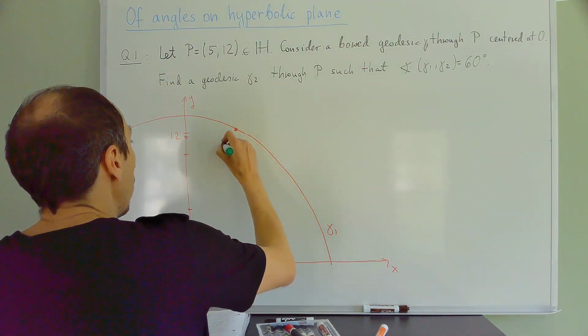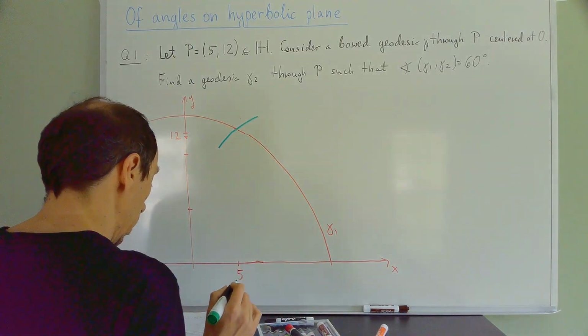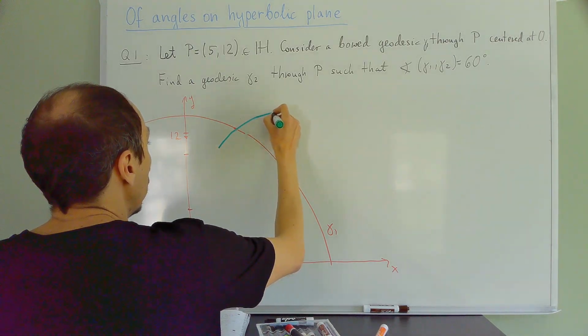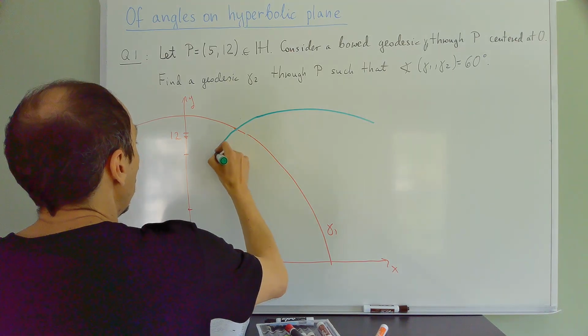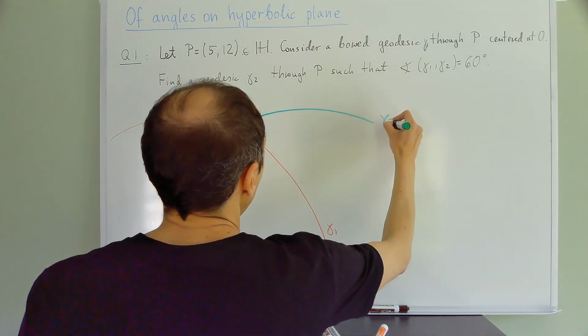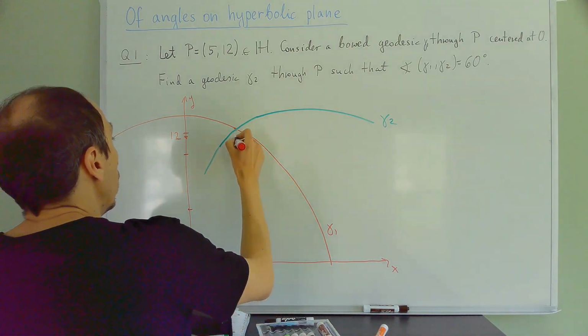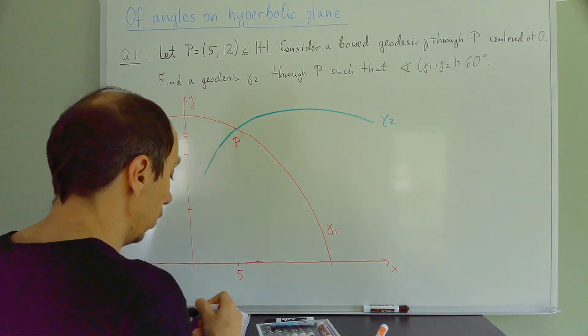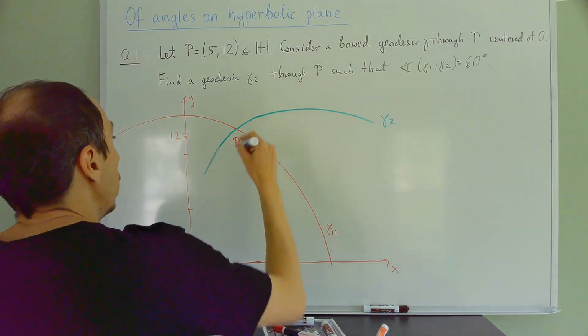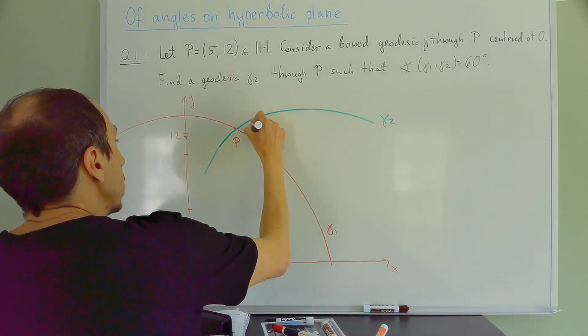So some gamma 2 goes through the point P, and I want this angle here to be 60 degrees.